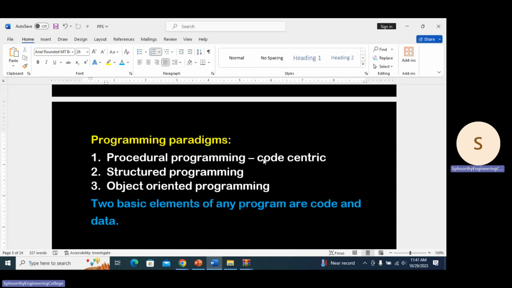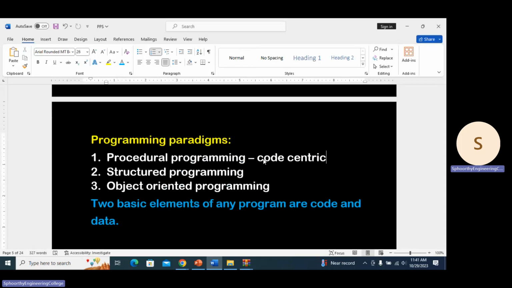And one more important point related to procedural programming is that procedural programming is similar to a student writing an essay. I want to give an example so that you can easily understand the concept. What generally does a student do when writing an essay?